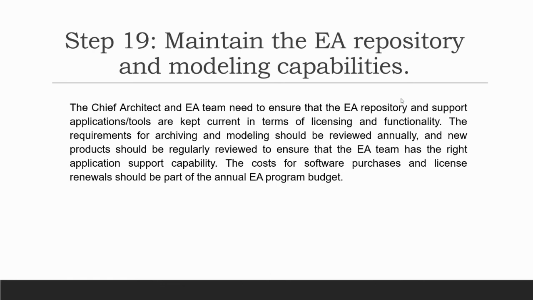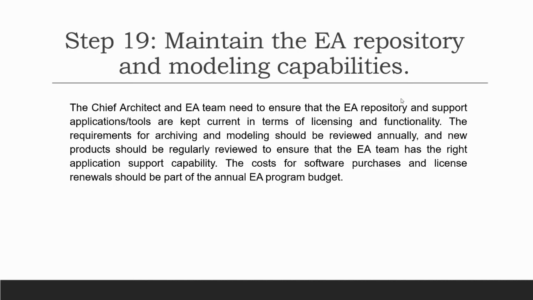Maintain the EA repository and modeling capabilities. The chief architect and the EA team must keep the EA repository and supporting application tools up to date in terms of license and functionality. The needs for archiving and modeling should be assessed on an annual basis, and new products should be examined on a regular basis to ensure that the EA team has the necessary application support capabilities.